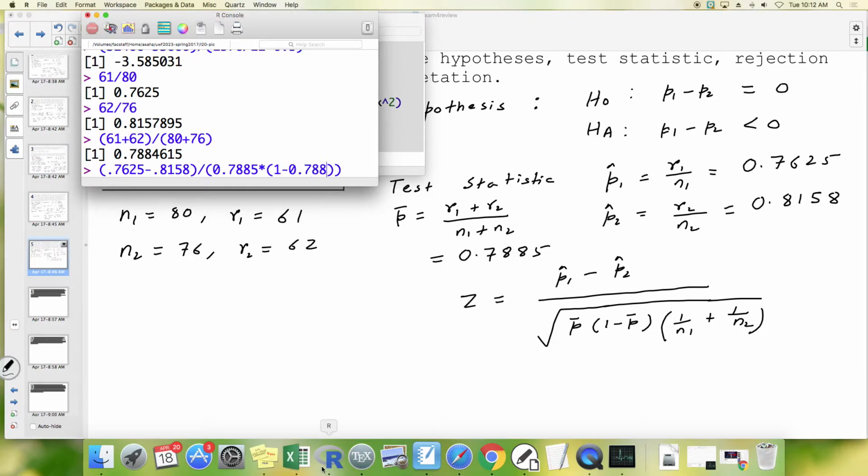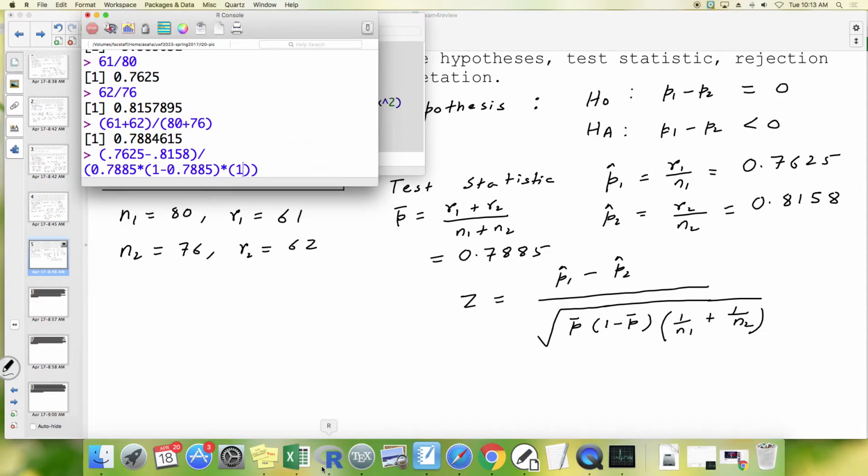You don't need to use it too much and not too little. On the top is p1 hat minus p2 hat, divided by the square root of this whole thing: p bar 0.7885 times 1 minus p bar, 1 minus 0.7885, times 1 by n1 plus 1 by n2, 1 by 80 plus 1 by 76.